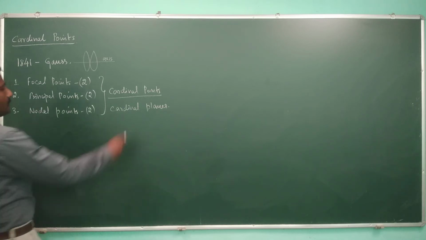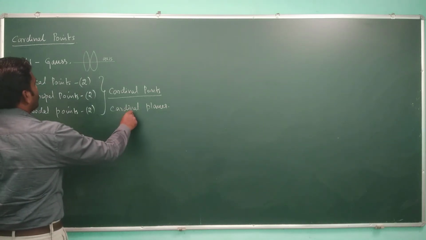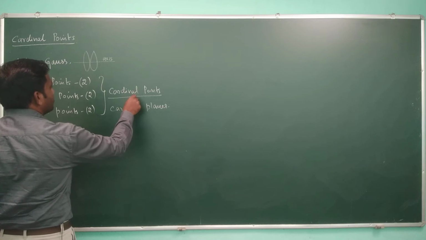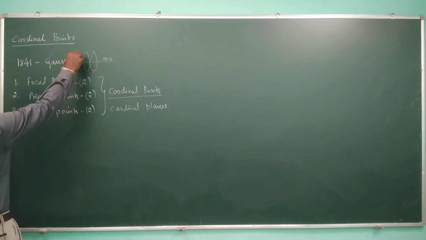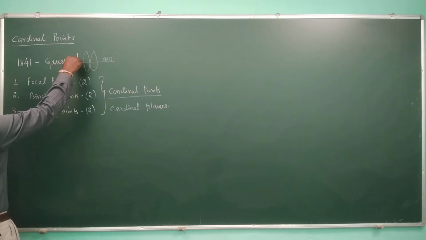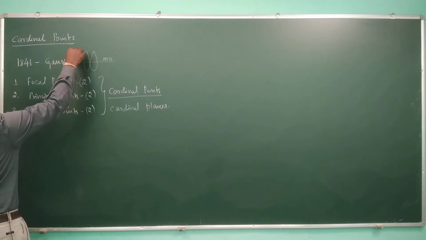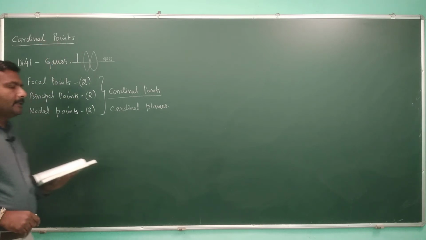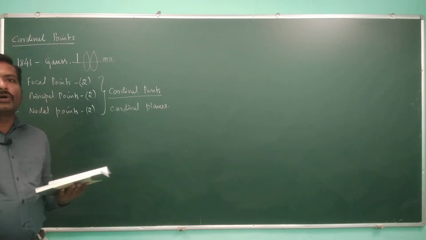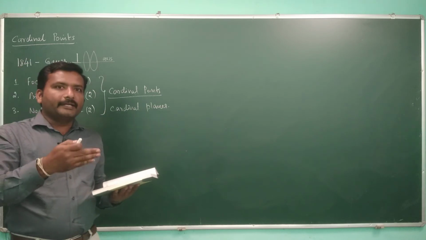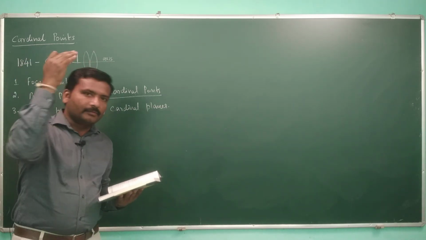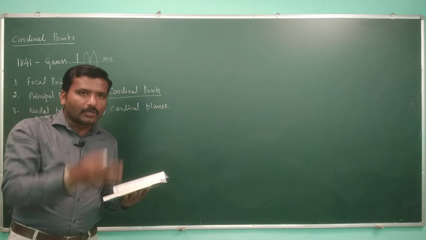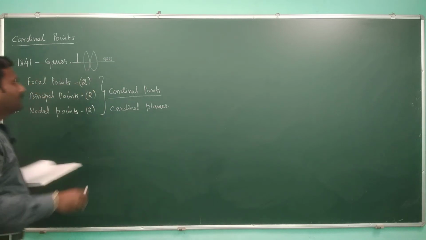Generally, we draw the planes once we identify the points, right? Suppose we identify a point here, and if we draw a perpendicular line towards this optical axis, this forms a plane. So generally, cardinal planes are defined by drawing a perpendicular line from the particular cardinal point towards the optical axis.